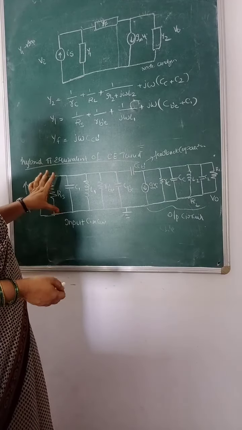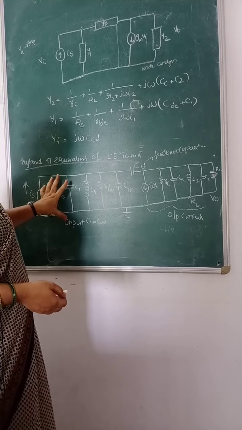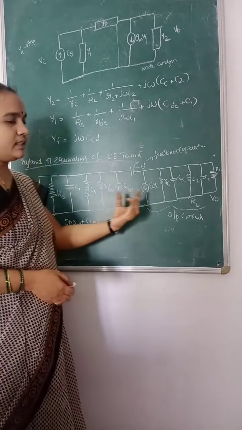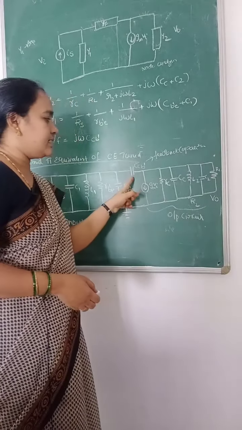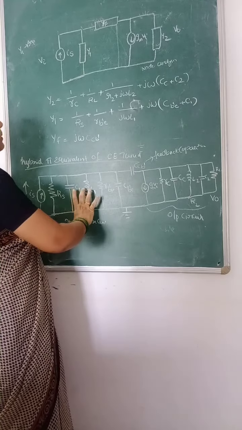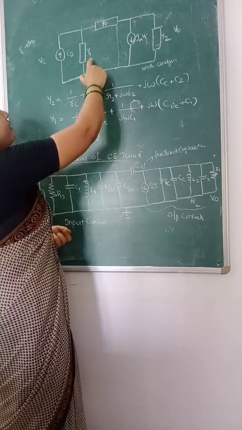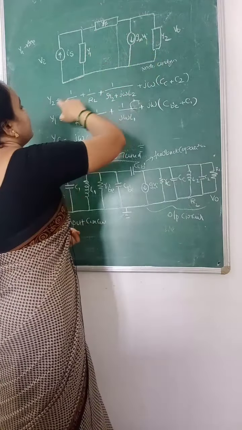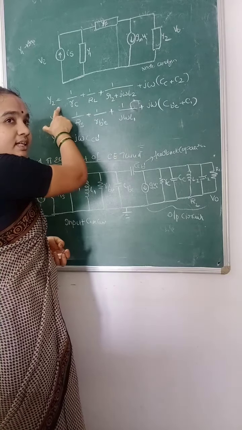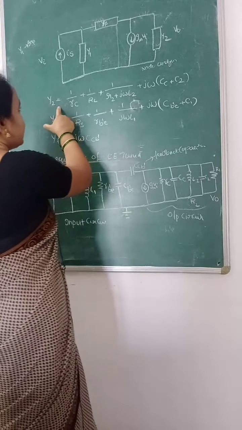This is the hybrid pi equivalent circuit of the common emitter tuned amplifier. This is the input circuit, this is the output circuit, and this is the feedback capacitance. This can be simplified by node analysis with the three terms called admittances. Admittance is nothing but the inverse of the resistance.